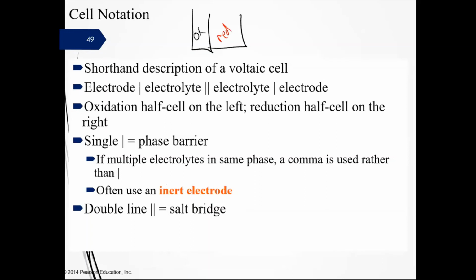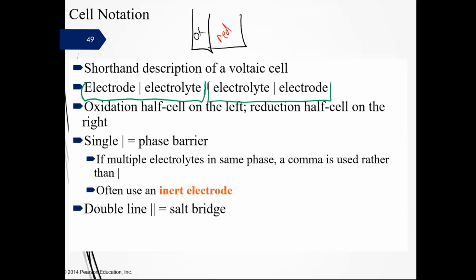As we move from one to the other, one side of your equation is held together by one line. Then you have this double bar, which separates them from each other. And then you have another single bar with your electrodes. So you can imagine that this is all one cell, and this is the other cell, as you work your way through.